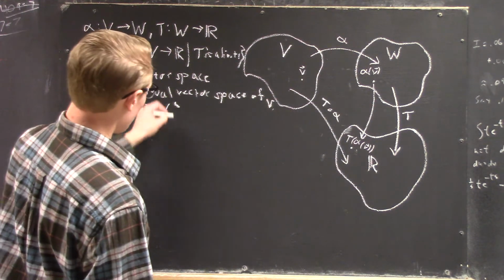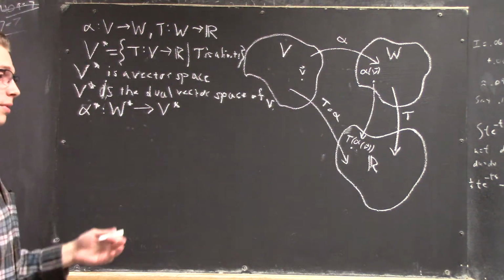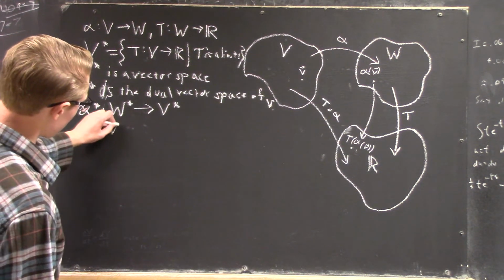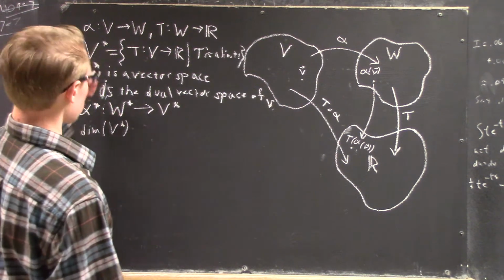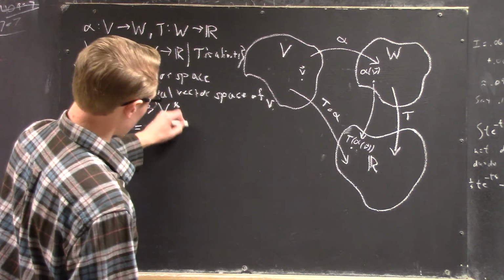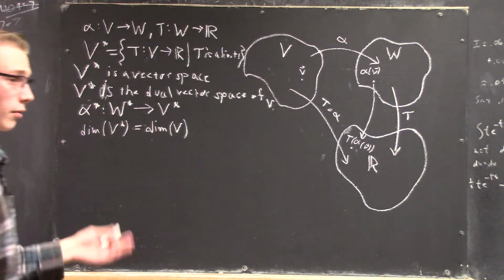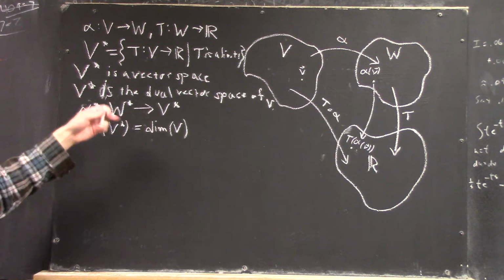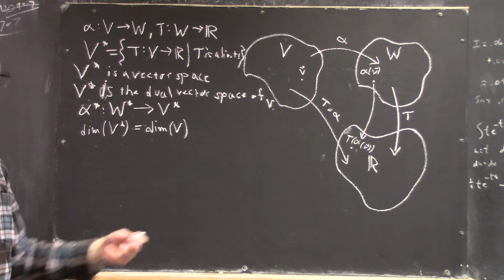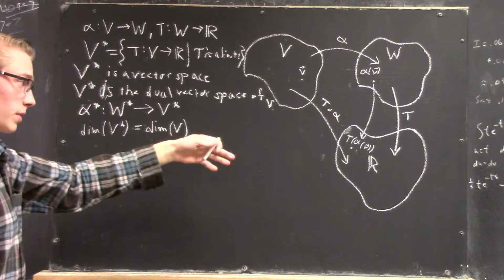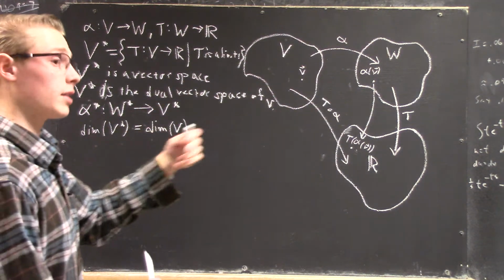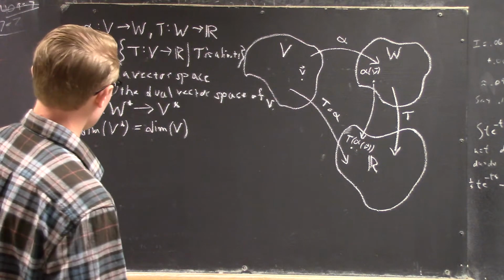One thing to note, although it's yet to be proved, is that the dimension of the dual vector space of V is equal to the dimension of the original vector space V. And the way in which that would be proven would be by showing that a basis for each vector space contains the same number of elements, and showing that the basis for the dual vector space of V spans the entire vector space and is a linearly independent set of vectors.